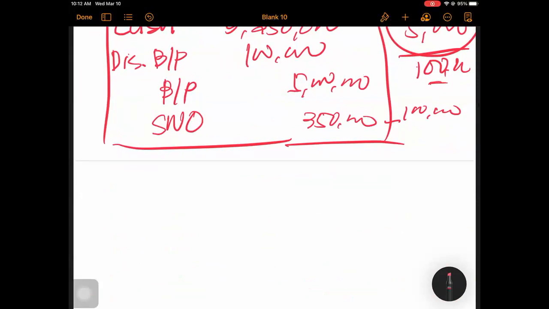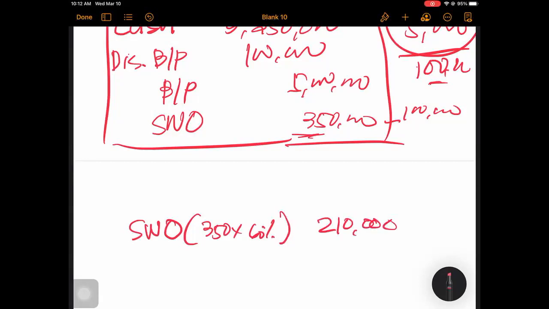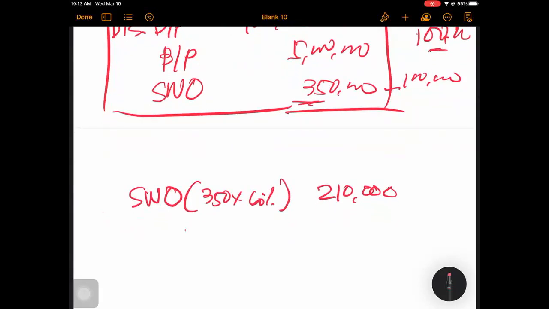Of course, since we are using up the share warrants, we debit share warrants outstanding at only 60%. So that's 350,000 times 60%, which is 210,000. Of course, there is a conversion, so there is an issuance of shares. Since this is corporation accounting, we debit share capital.